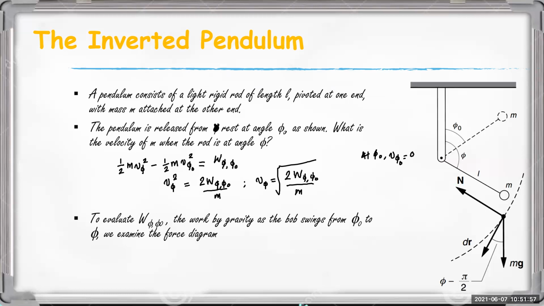To evaluate the work done, we have to analyze what are the forces acting on the mass. Here we neglect only the air resistance. So there are two forces acting: the first one is gravity, and the second one is the tension.